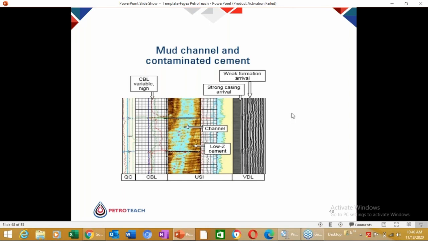We can't perforate like that, especially if you have two formation zones. We have to decide very carefully. You have to isolate completely between the first zone and the second zone, and seal off very well.